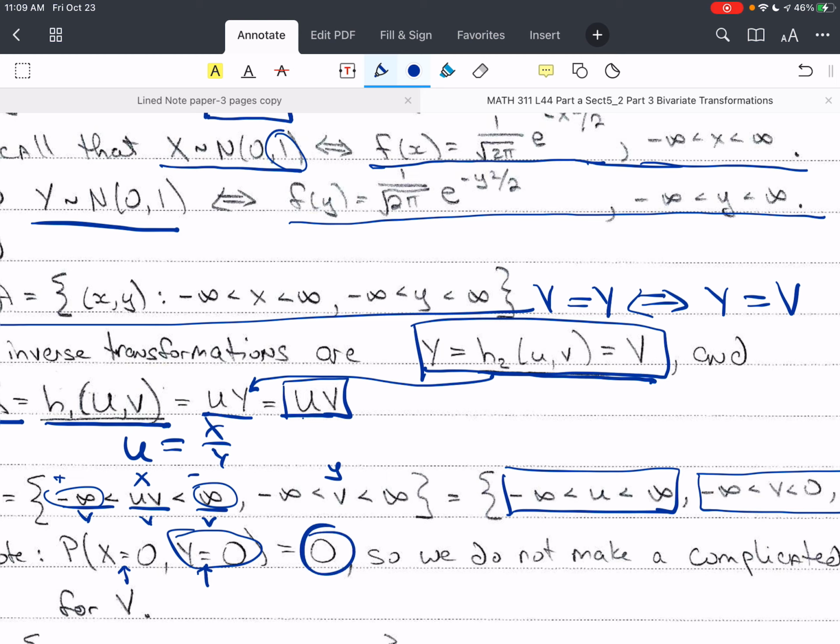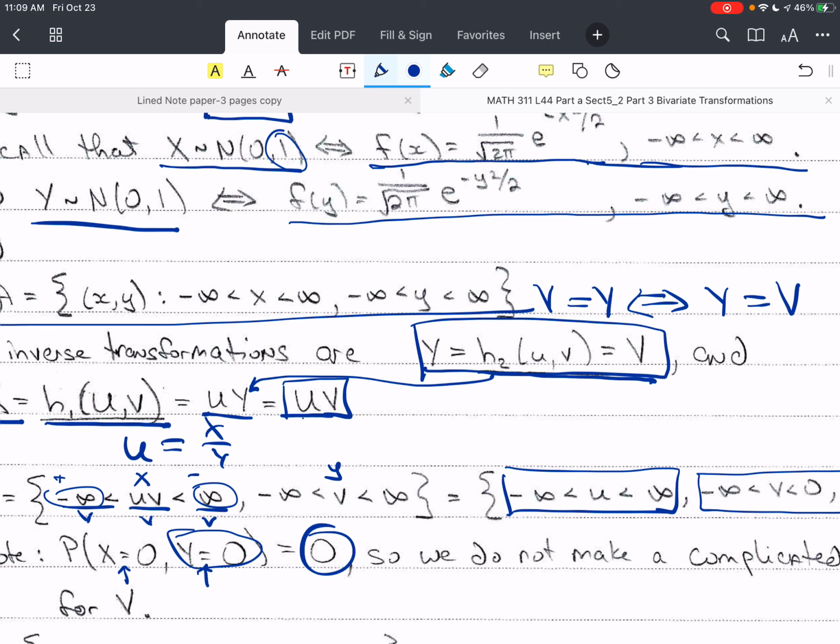Because for the univariate case, we need area under the curve, and a line has no area. In the bivariate case, we need volume in the slice, but if there is no width to the line, then, since volume is length times width times height, if one of those is 0, then we end up with 0 volume.